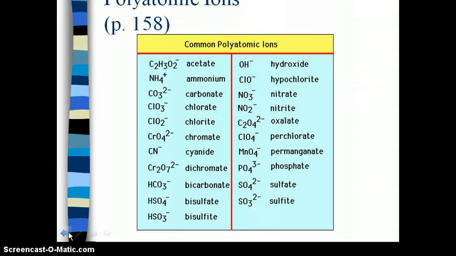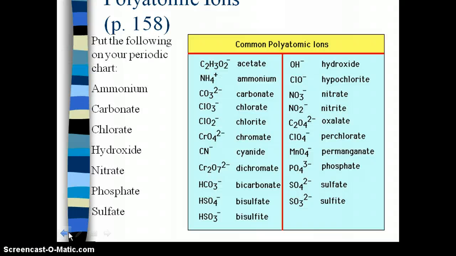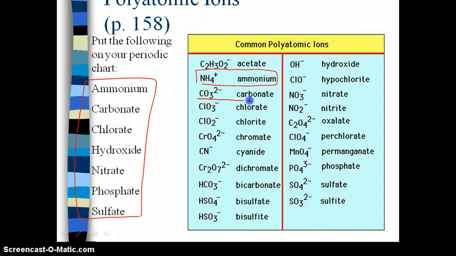So there are a few that you need to write in. These right here you can put on your periodic table. This is what you'll put in as a chart. Carbonate is CO3 and it has a -2 charge. Chlorate is ClO3 and it has a -1 charge.